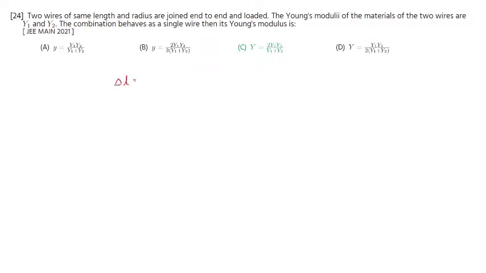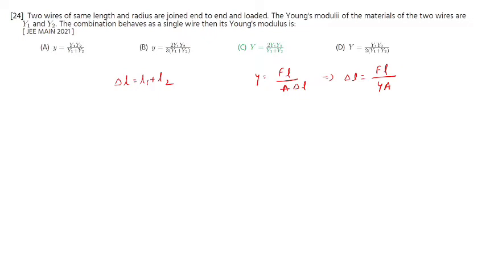In this series combination, delta L will be equal to L1 plus L2. We know the formula for Young's modulus, Y is equal to F into L divided by A into delta L. So from this, delta L is F into L divided by Y into A. This is the formula for delta L.